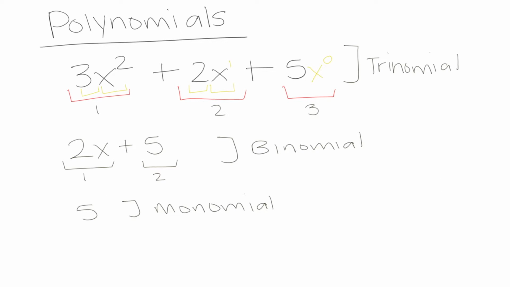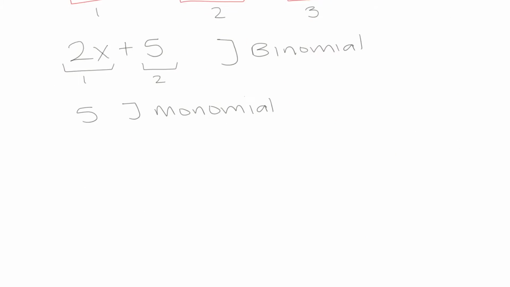Let me give you one more example just to make that even more clear. Let's say we had the following expression. This is also a polynomial. And let's say you were asked what the degree of this term was.